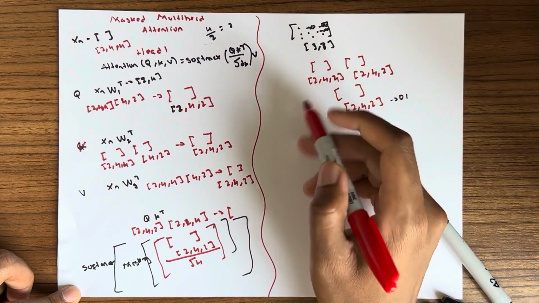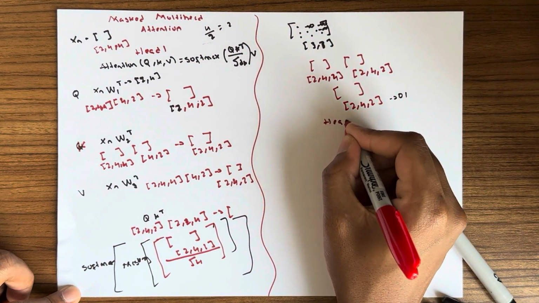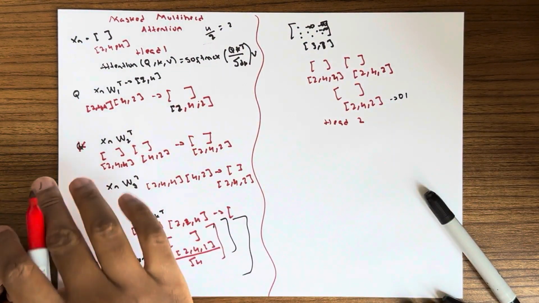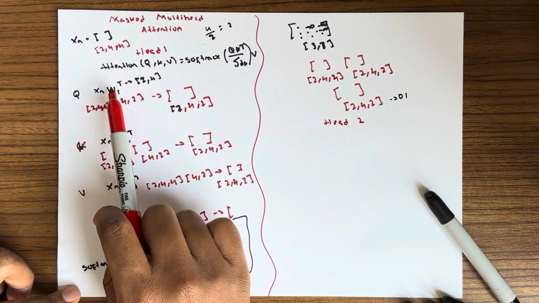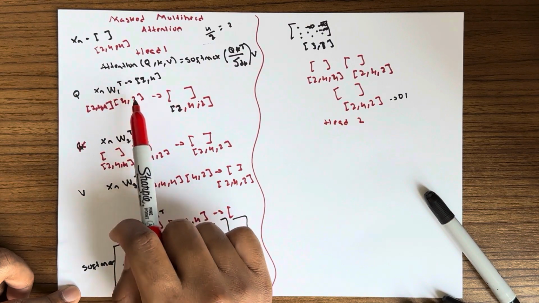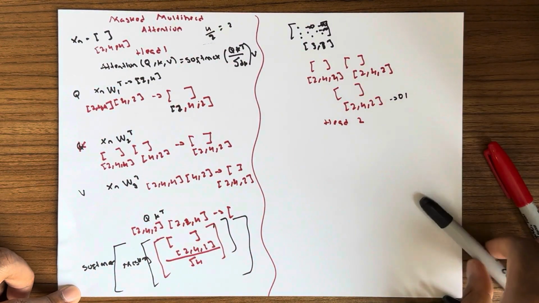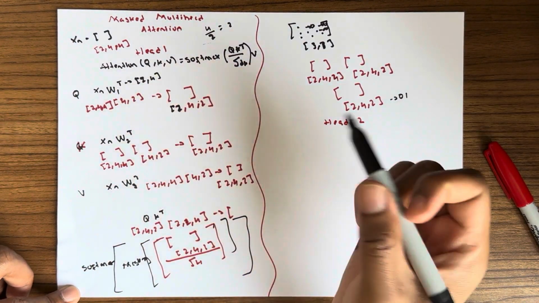So let's quickly look at head 2. Head 2 is really the same thing. We will actually be using xn, but the only difference is this w. Head 2 also uses this attention.